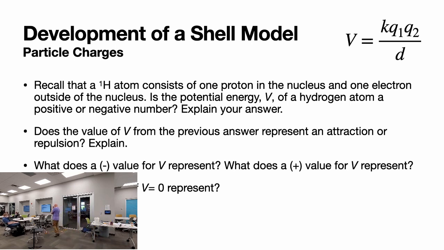So I wanted you to reason it out there, Ava. That's why I was walking you through those questions. So you have an electron and you have a proton. If you plug the values in for the charges of those into that equation, remember I said I don't care what K is, and I don't care what D is. I'm not looking for a number, I'm looking for a sign.